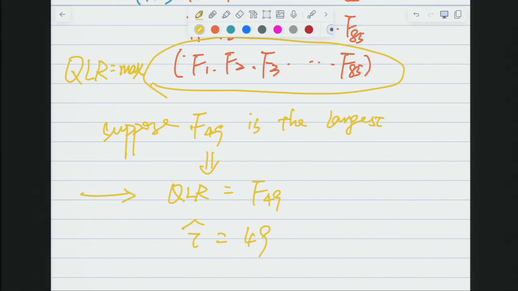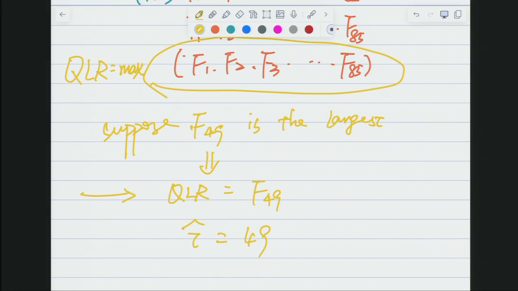We've just seen that at 5% it is 5.86. 14.08 is much larger than that, so this leads us to confidently reject the null hypothesis of no structural break. Our test statistic is also larger than the critical value at 1%. So regardless of the conventional significance level we compare our QLR test statistic against, we will reject the null of no structural break. So there is a break in our data set.